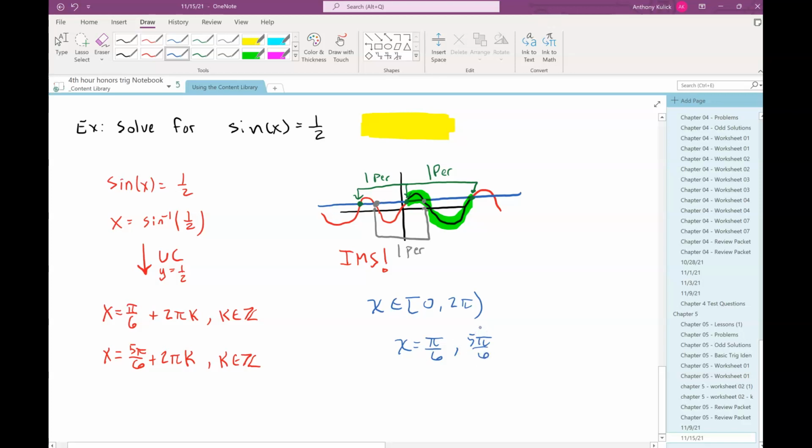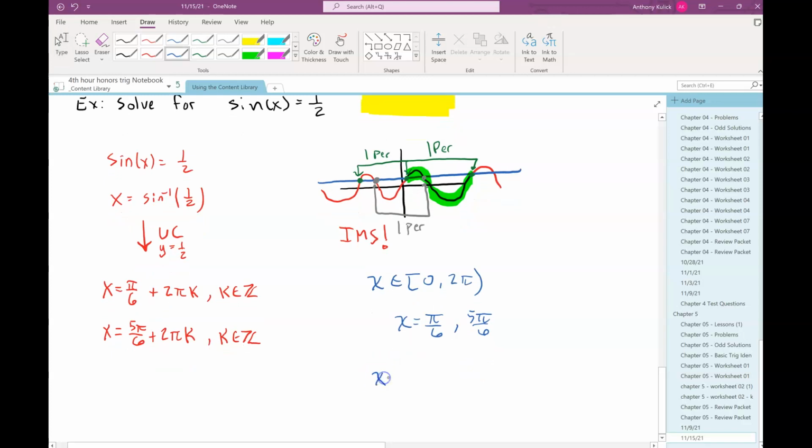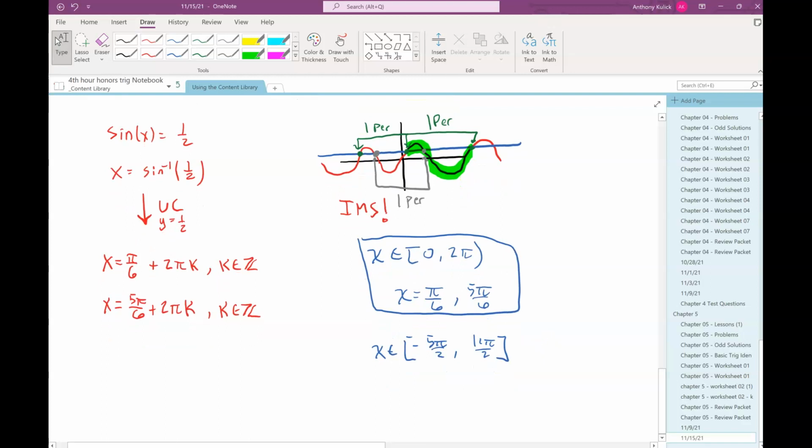No big deal there. But what if our interval was kind of kooky? What if our interval was like negative 5 pi over 2 to positive 11 pi over 2? Yeah. What am I going to do there?